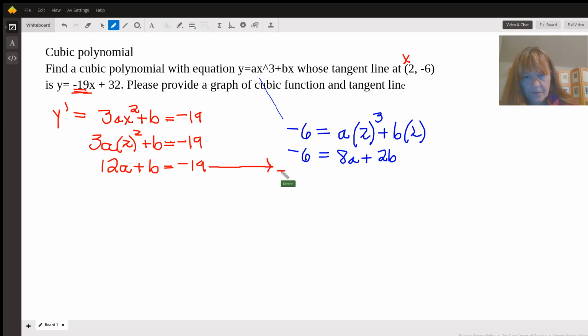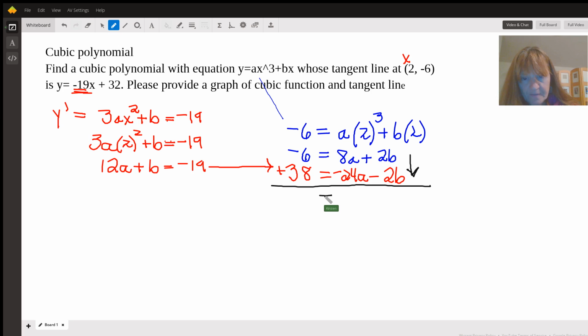So -2 times -19, and I have to rearrange the order as well, just so I don't have to do so much rewriting. The a coefficient is 12. I'll multiply that by -2, and I have -24a. And I have -2b. You can see that when I add those two equations, that's why I wrote one right on top of the other, so I can add down.